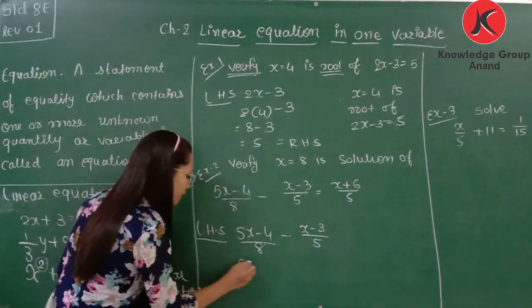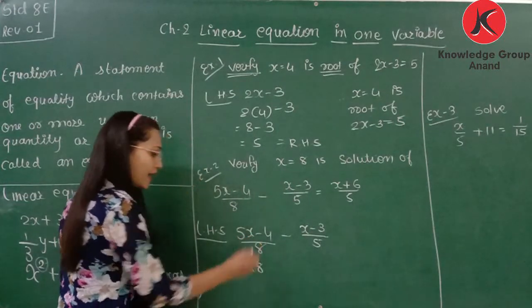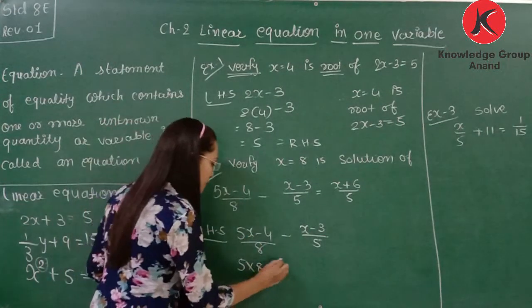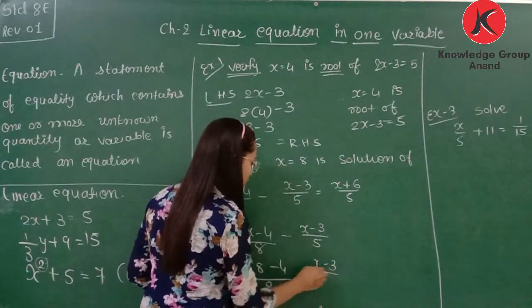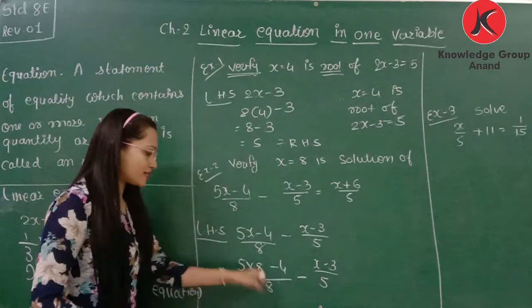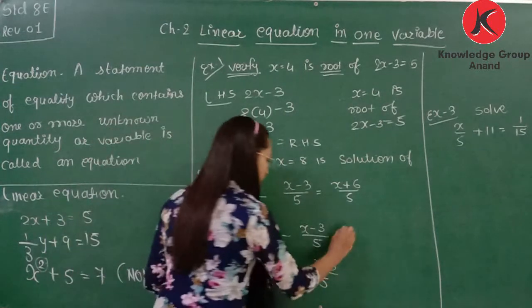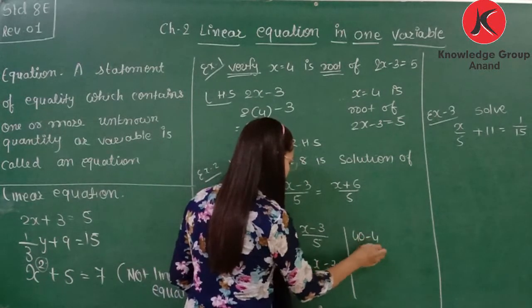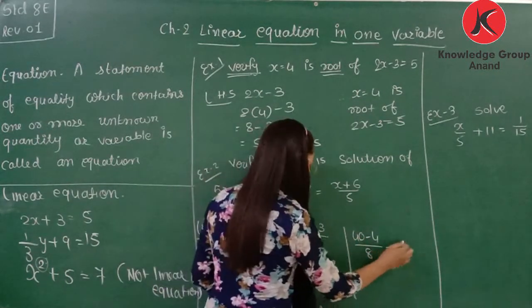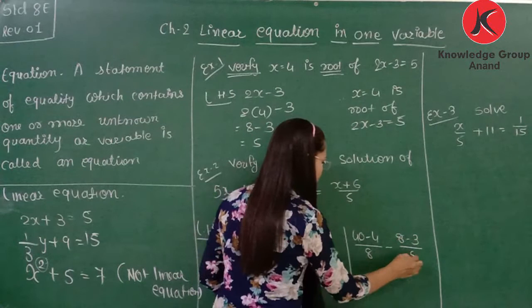So let's write 5 multiply 8. Here x is in a multiplication. Minus 4 divided by 8 minus (x minus 3) divided by 5. Now here you cannot cancel out this 8. So we have 8 5s are 40 minus 4 divided by 8 minus (8 minus 3) divided by 5.